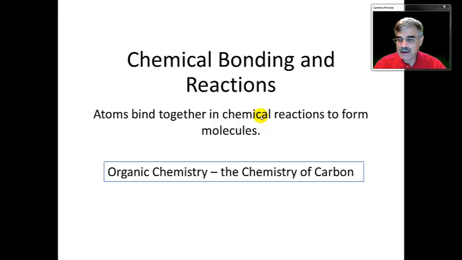We briefly talked about metallic bonding, which applies to metals and helps us explain a number of the properties of metals, and that involves electrons being able to hop around in the lattice of a solid.